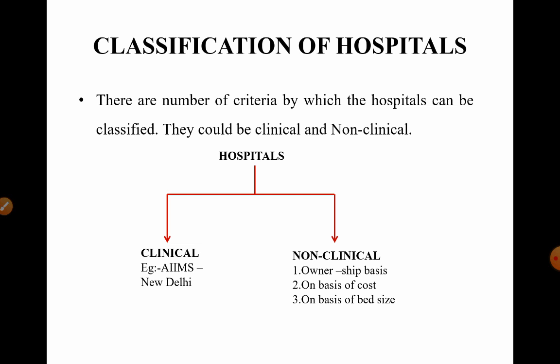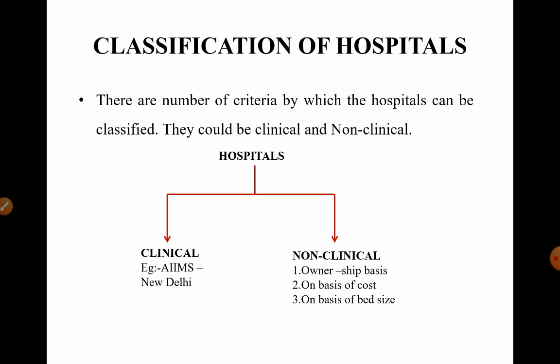Then again on the clinical basis, based upon the patients, for example a gynecology hospital, only those patients come there for treatment. So that is another category, the type of patients. Then there is the type of medicine: whether it is an allopathic hospital, Ayurvedic hospital or homeopathy hospital, classification is also done on that basis. And the type of organ, such as ENT hospital, eye hospital, ortho hospital.